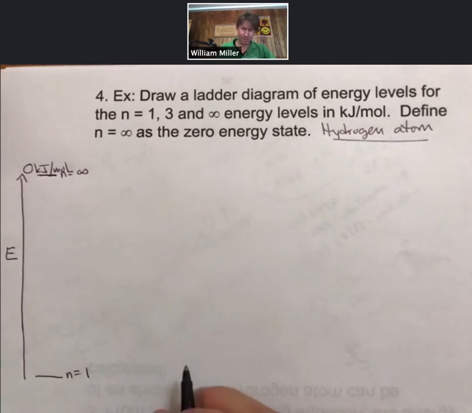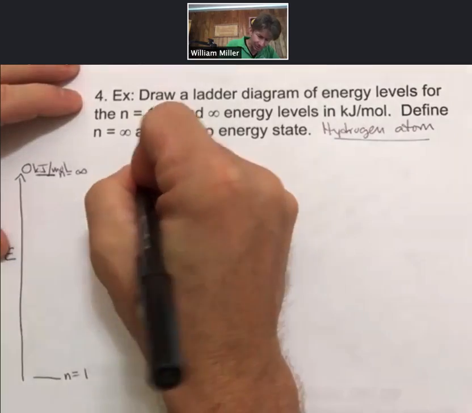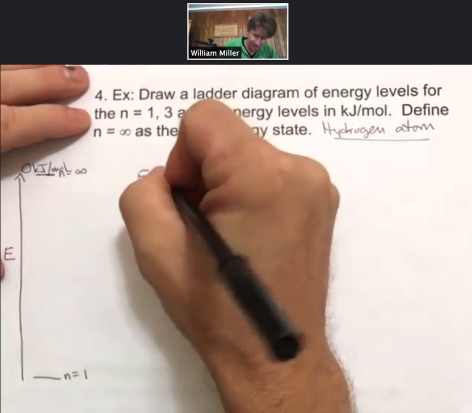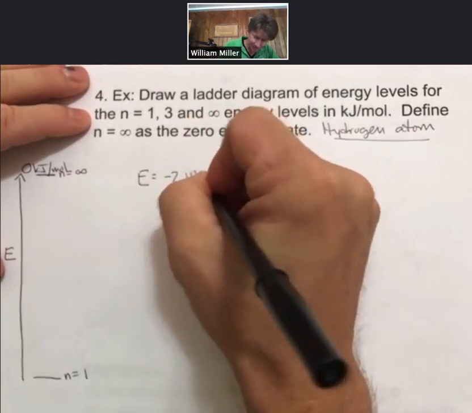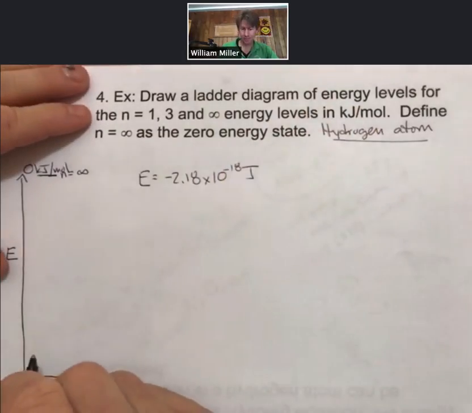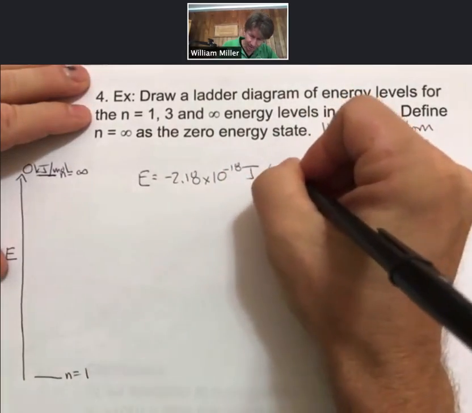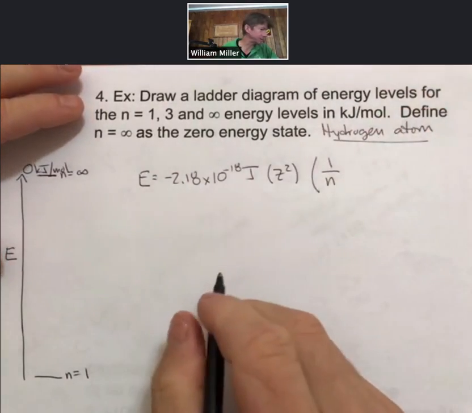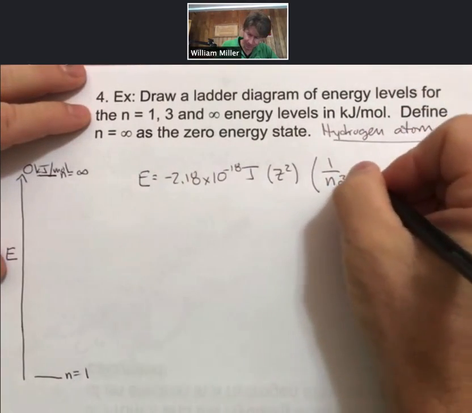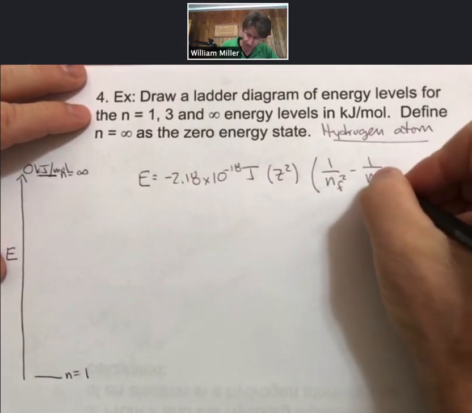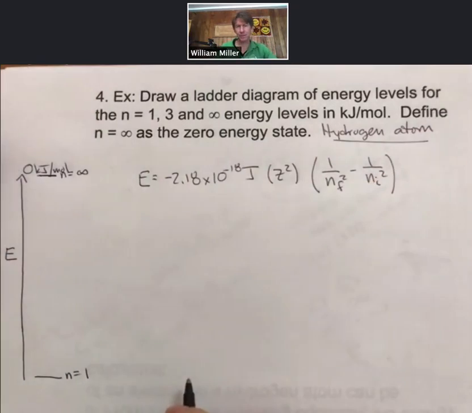So from previous page, we have this equation. E equals minus 2.18 times 10 to the minus 18 joules times Z squared times 1 over nf squared minus 1 over ni squared.